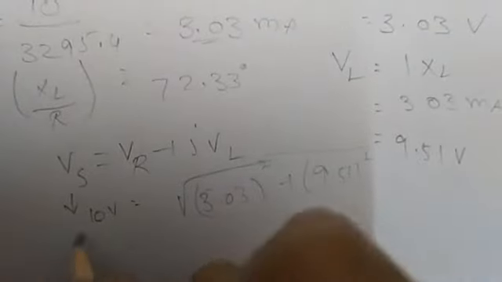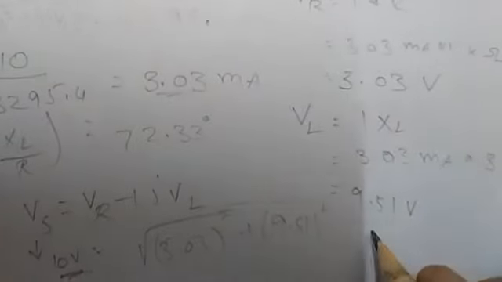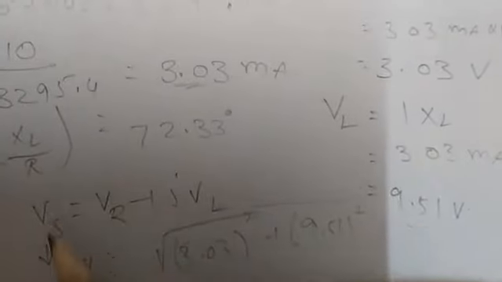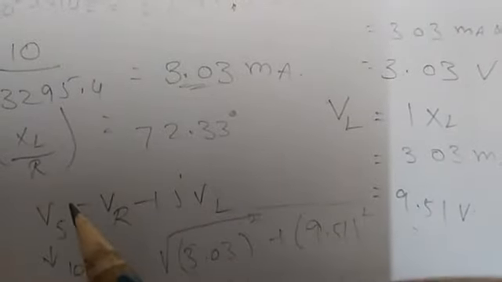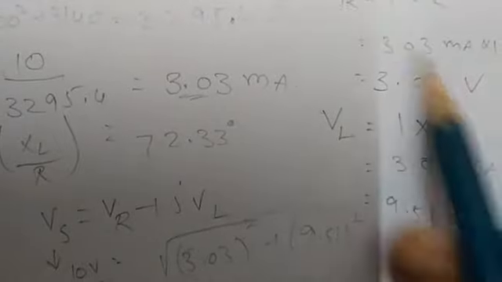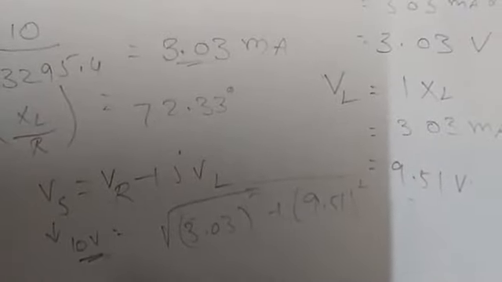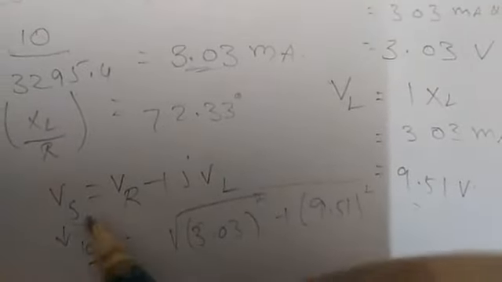It will equal your 10 volts, but not the arithmetic summation, that means 3 plus 9, 12 volts, which will not be equal. That is not the condition. The arithmetic sum will not be equal. Only when you convert the complex quantities in rectangular form and find the total magnitude will it equal the applied voltage.